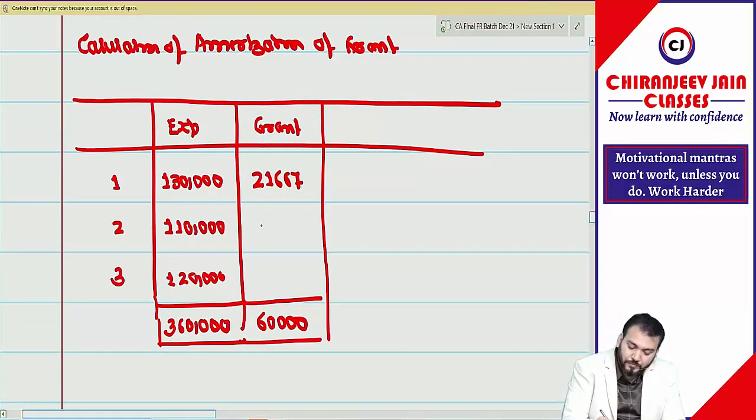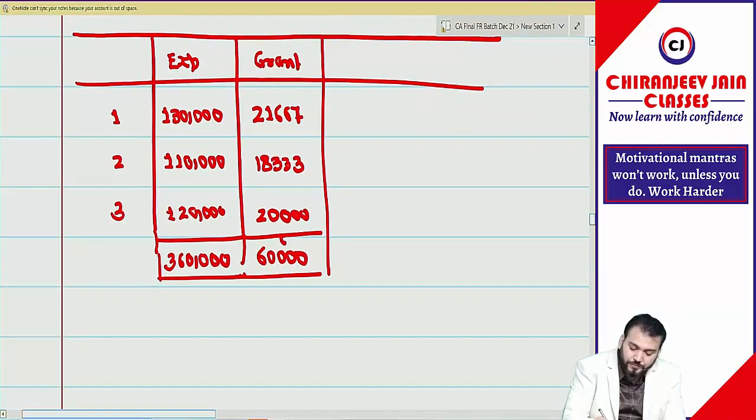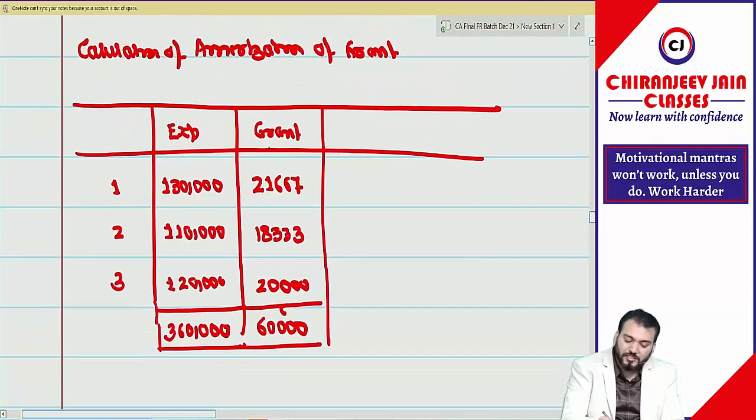How much? 18,000, 333. 20,000. Understood? So this is how much out of 60,000 will be amortized.